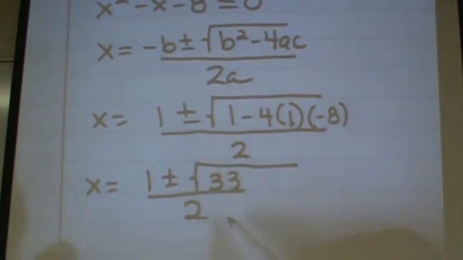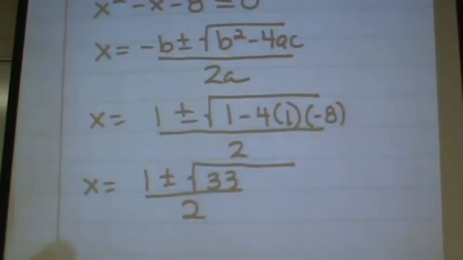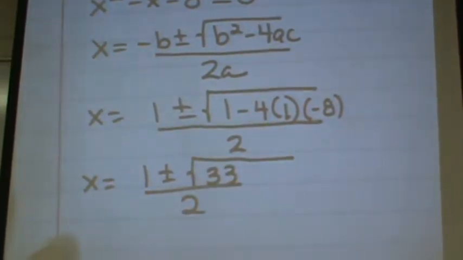So I don't know where these numbers are, so I'm going to use my calculator to convert them into decimals. So let's see, where is 1 plus and where is 1 minus the square root of 33 over 2? So 1 minus the square root of 33, and then divide that by 2.